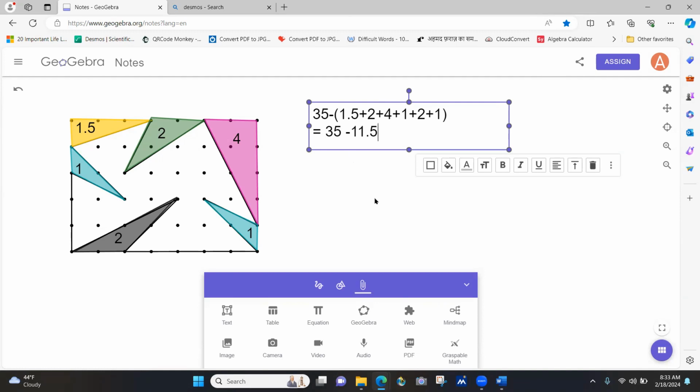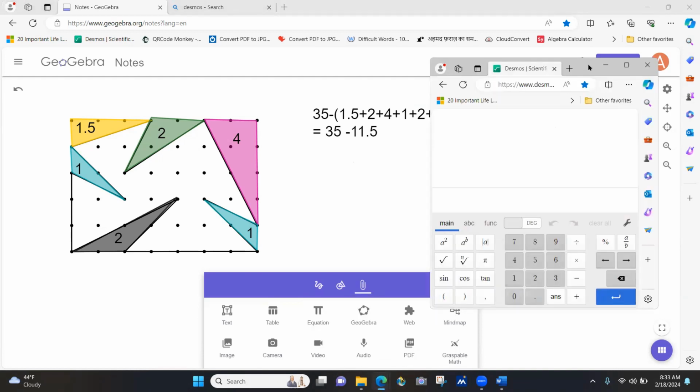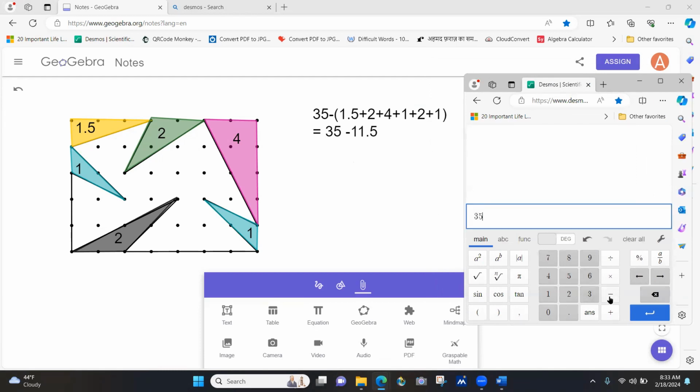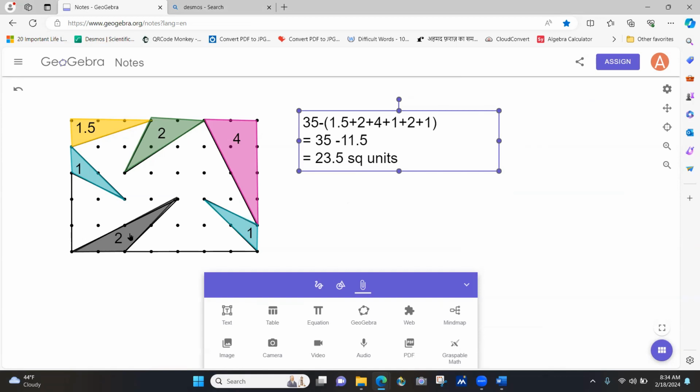That sounds about right. 35 minus 11.5 is 23.5 square units. Done.